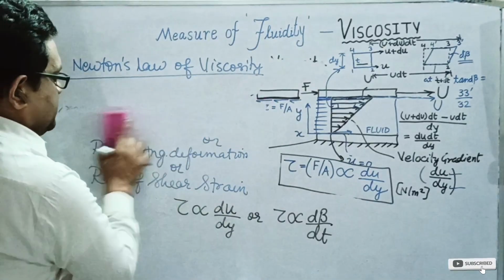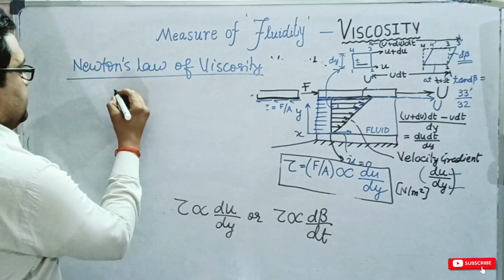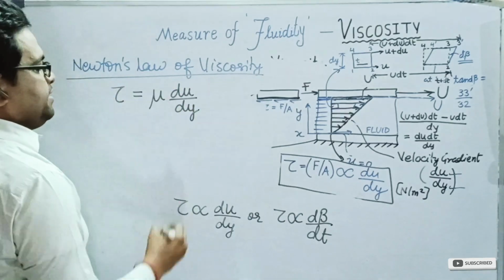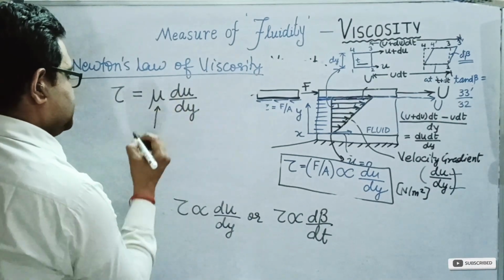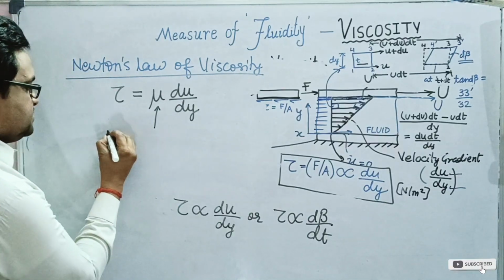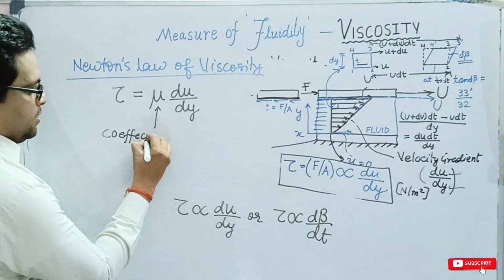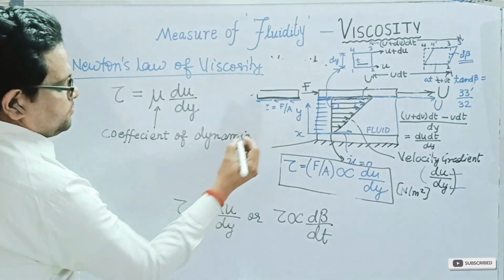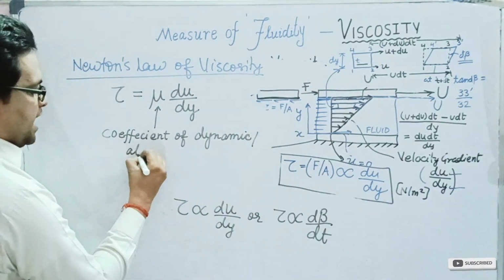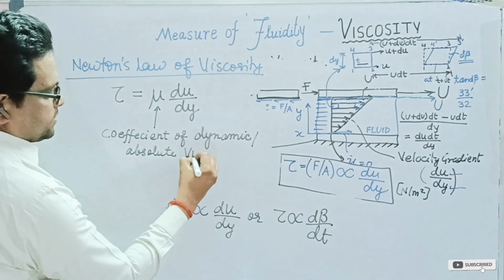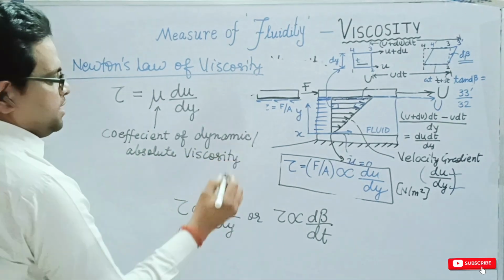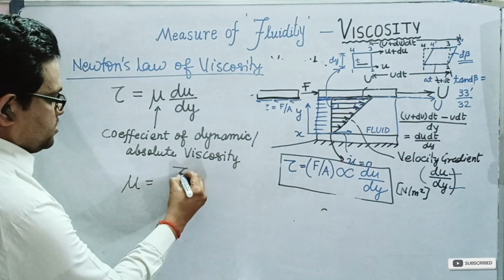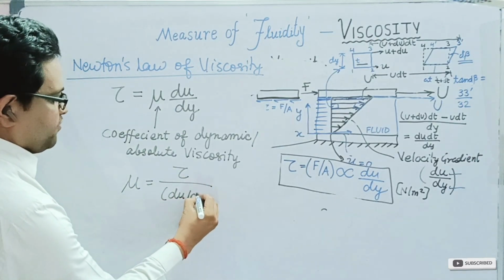So we have tau equal to mu du upon dy, where this constant, the proportionality constant, is known as the coefficient of dynamic viscosity, or it is also called the coefficient of absolute viscosity, and we can obtain the value of mu as tau upon du by dy.